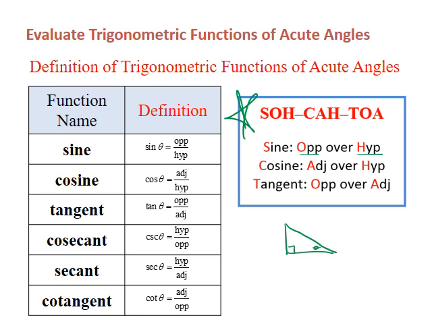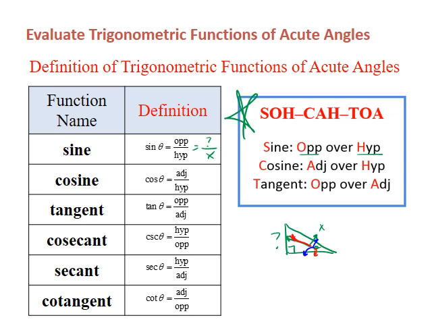From this theta, this is the opposite, this is the hypotenuse. And then everything is as follows. Cosine is the adjacent over the hypotenuse, and tangent is the opposite over the adjacent.